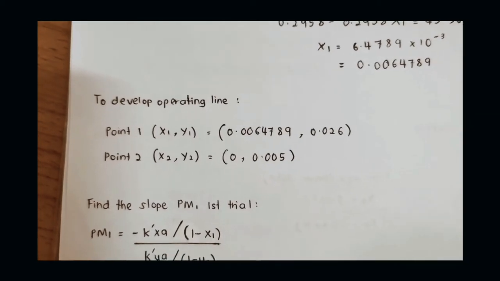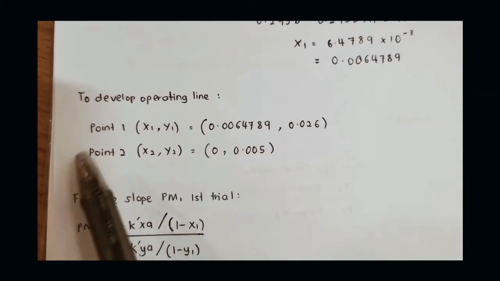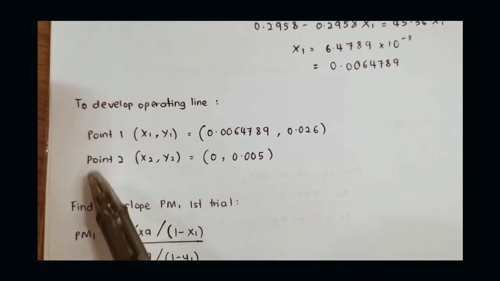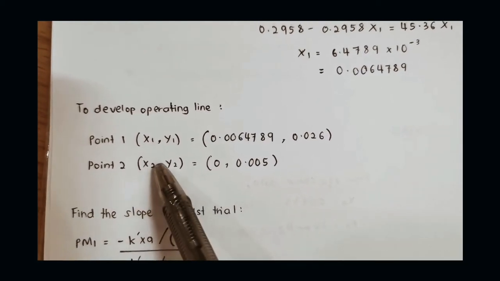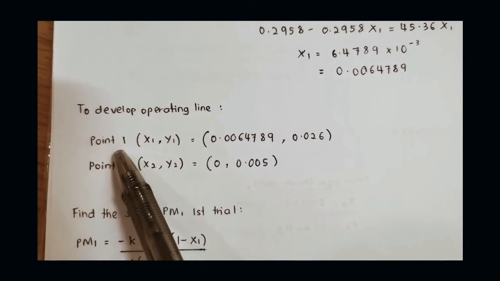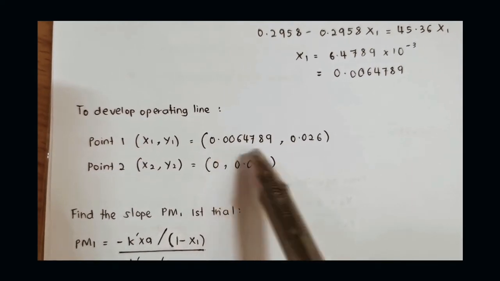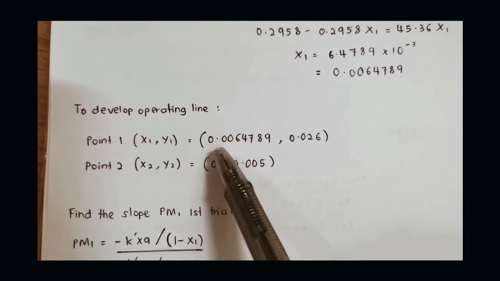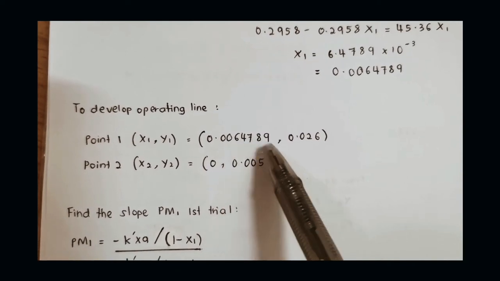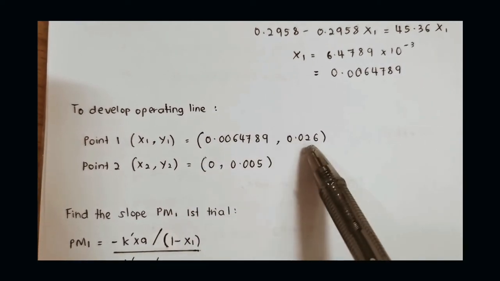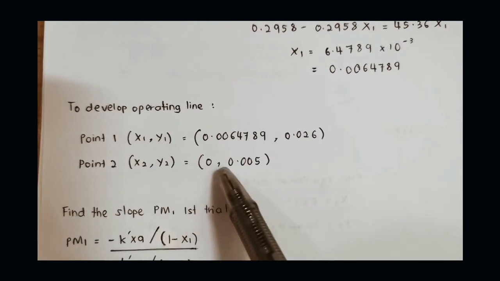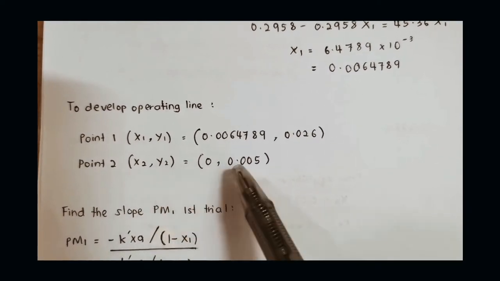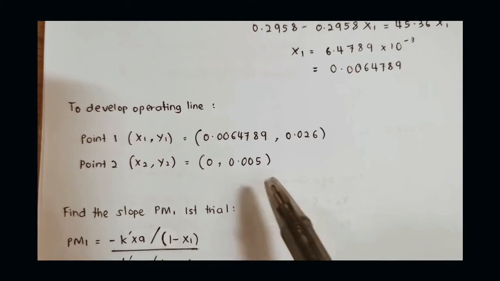The coordinate of point 1 is x1 equal to 0.006479, y1 equal to 0.026, and point 2 is x2 equal to 0, y2 equal to 0.005.